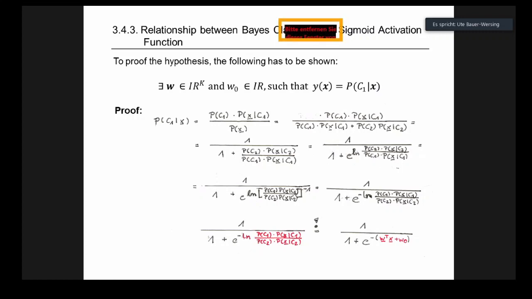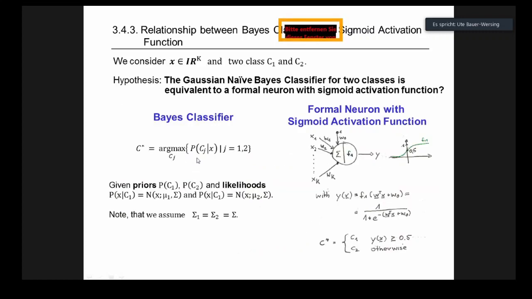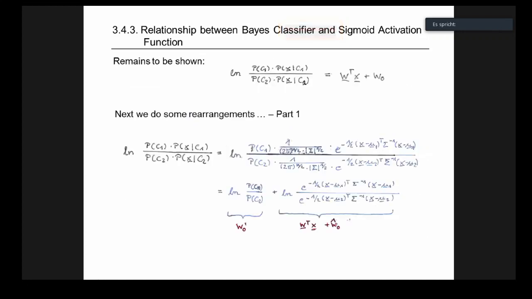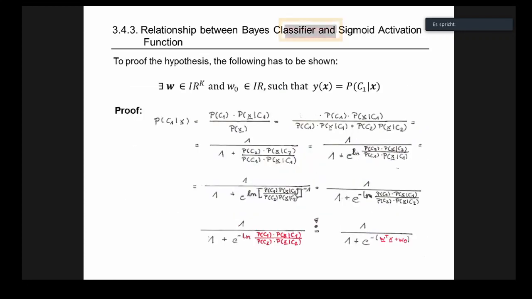Because what we know in a two-class problem is that the probability for class C1 is 1 minus the probability of class C2. So this is the two-class problem. The probabilities are redundant, right? So if you know one, you know the other. Okay, so this is what we have to show.